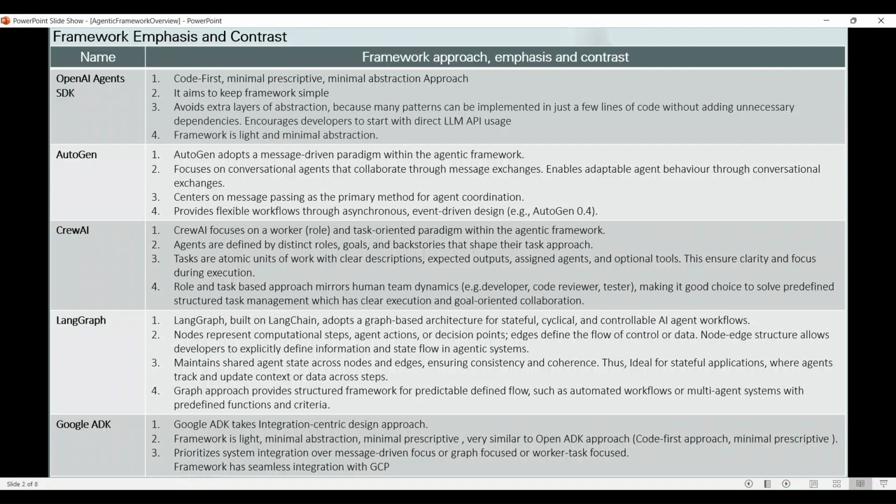AutoGen Core, which is a core of AutoGen framework, it supports asynchronous event-driven design, request response pattern. So you get the flexibility to dynamic workflows that evolve in real time.